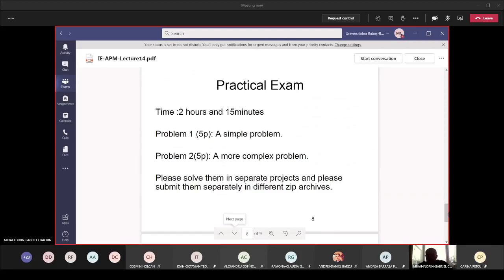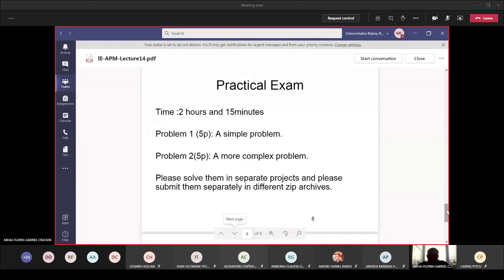If you solve the first problem, for sure you will get 5, the minimum grade, and after that you have to continue with the more complex problem. Please use separate projects for each of these problems. After you finish the first one, please zip it and upload it, and after that you continue with the second one.